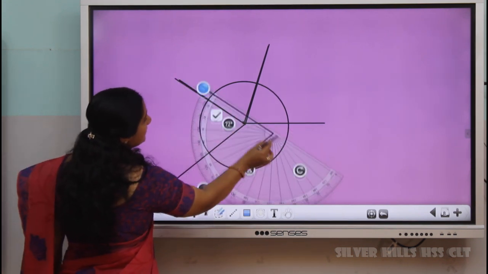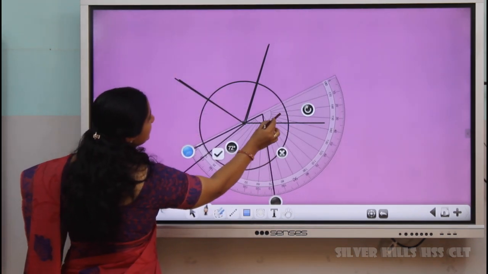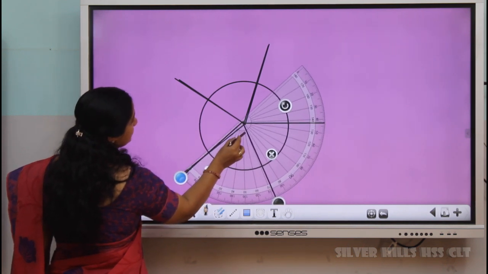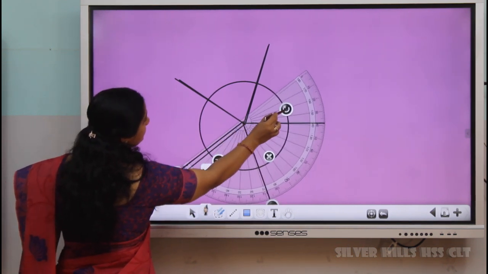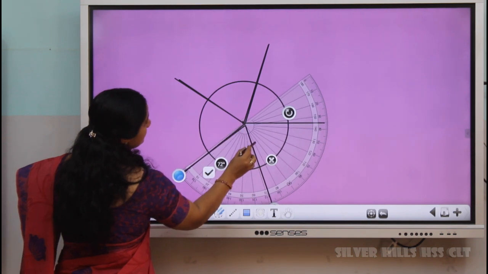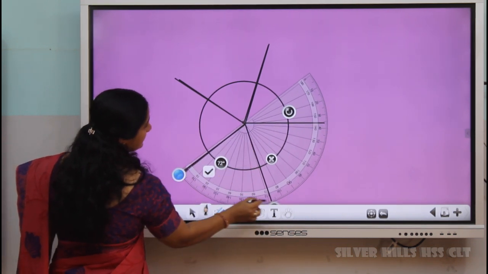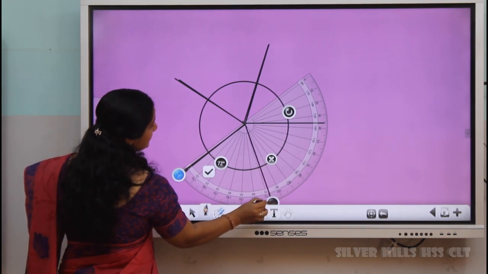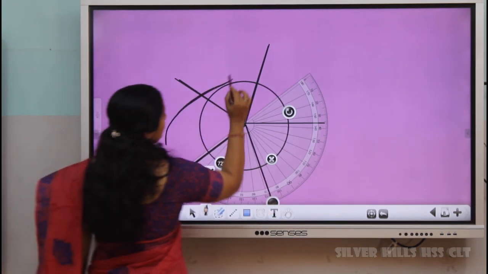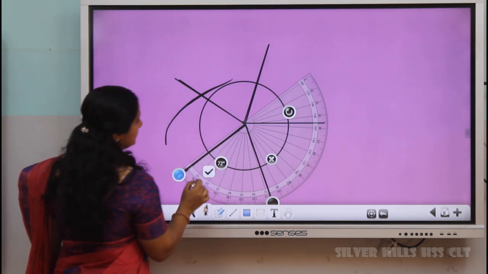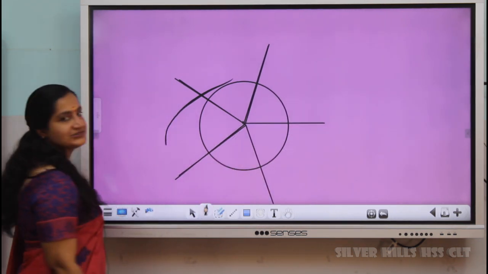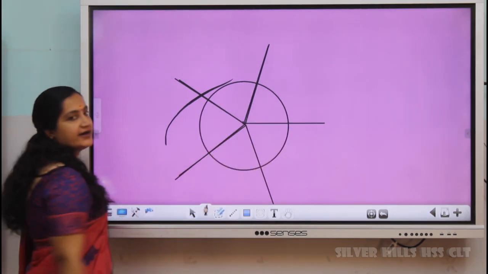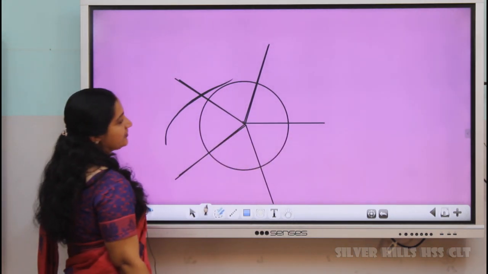Then fix it to the center again and take 72. The circle has been divided into 5 equal parts.